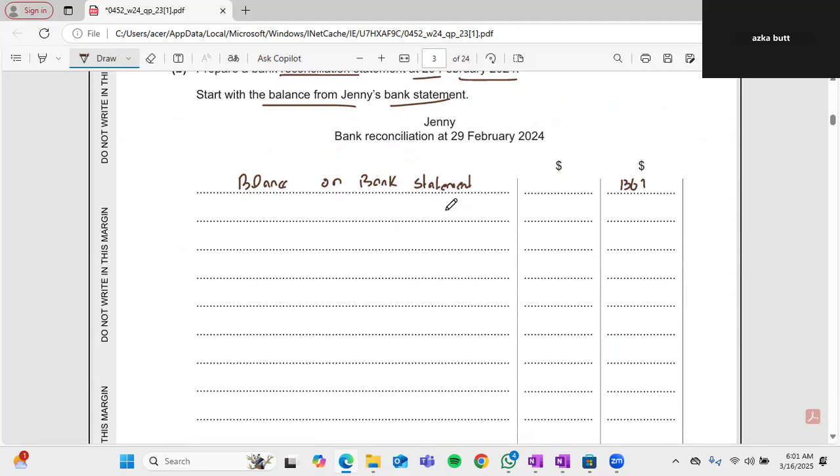And now we have to add the amounts which are not yet credited, because sooner or later the bank has to add back the checks which are not yet credited. So that's why we have to add the amounts which are not yet credited.